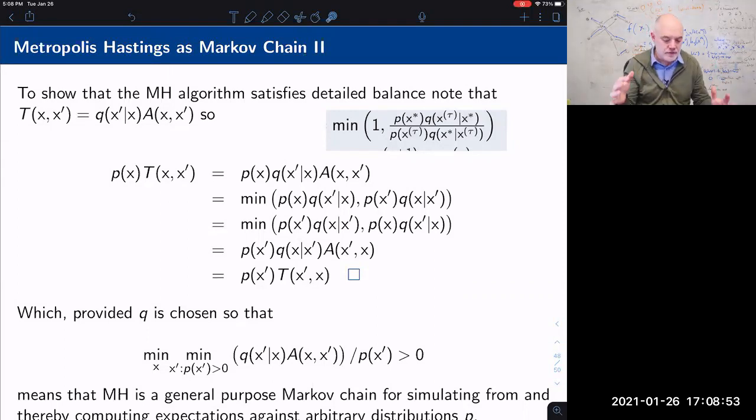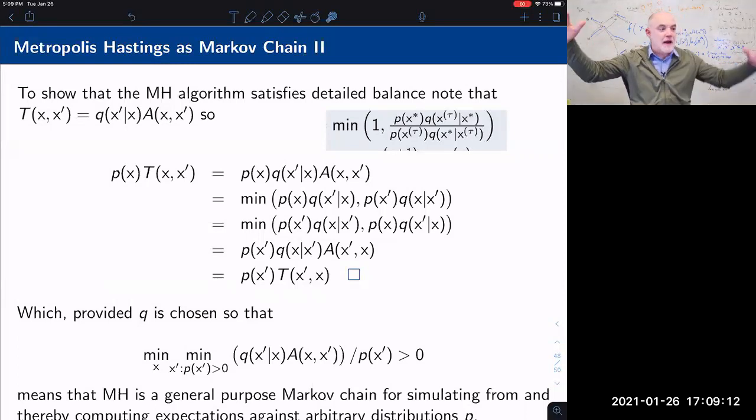You can also do this in a much more gory, nasty way and write down the transition operator from x to x prime as q(x prime | x) times A times a point mass at x prime, plus a Dirac mass on x with probability 1 minus A, and that would be the full transition operator, right?